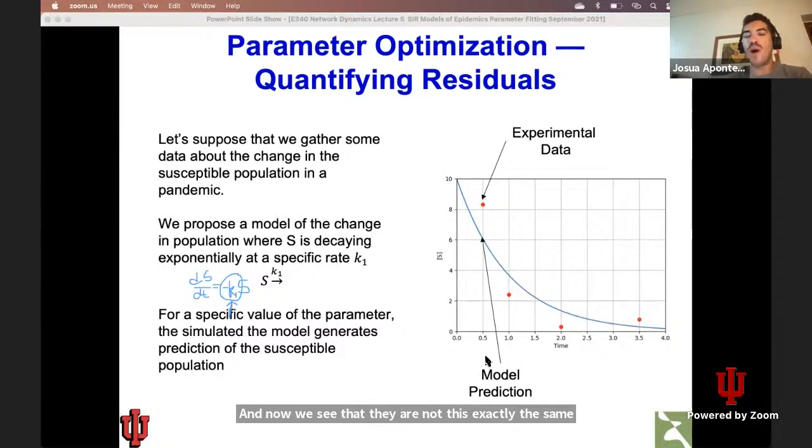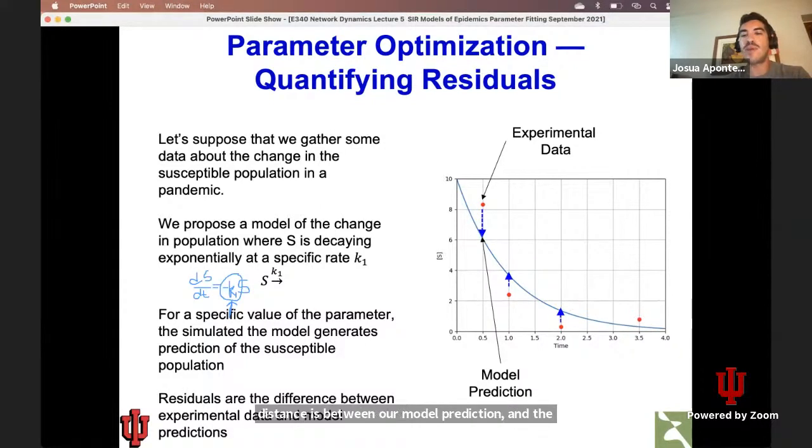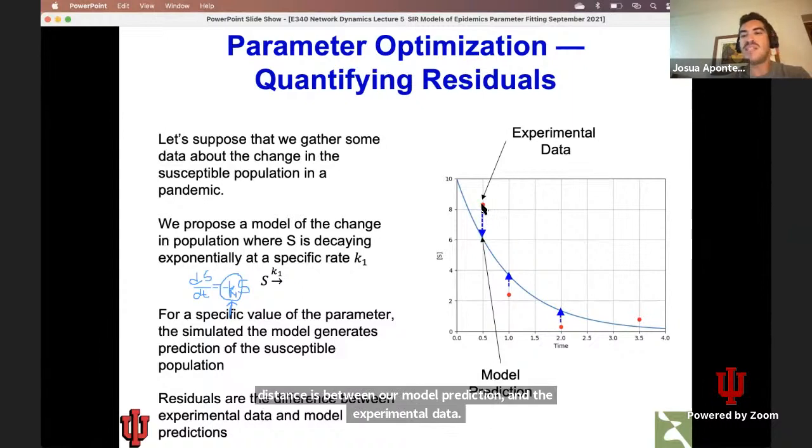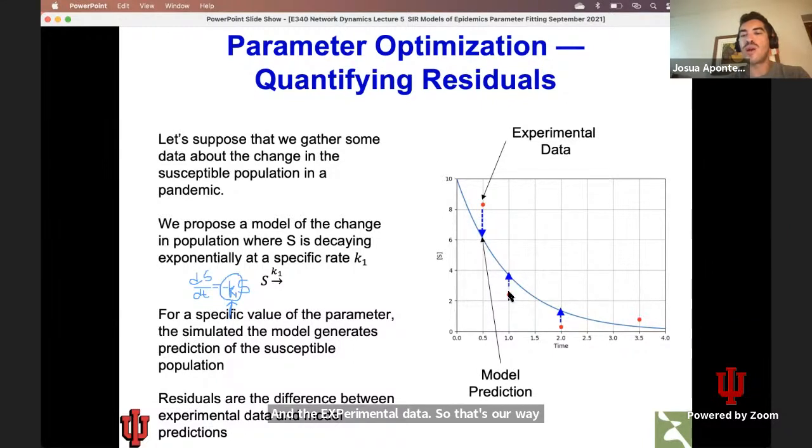So we can quantify how far away our model prediction is from the data by looking at the distance between the model prediction and the experimental data.